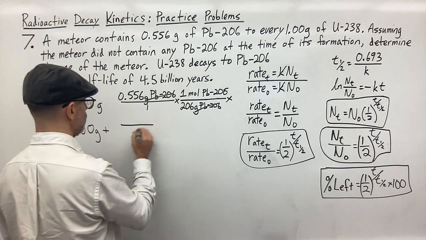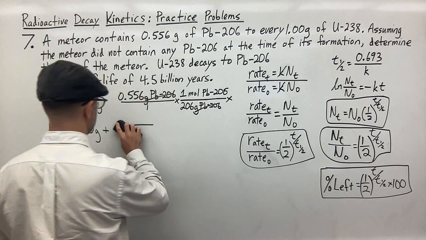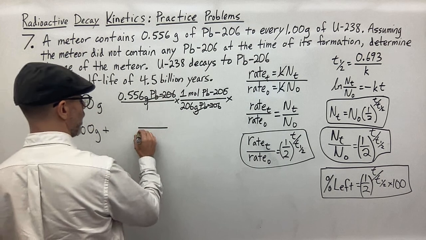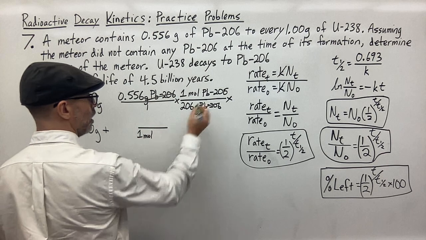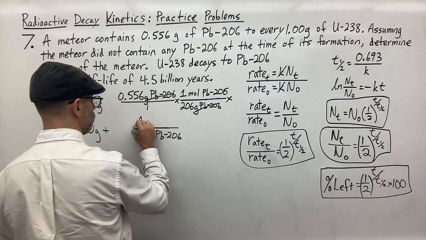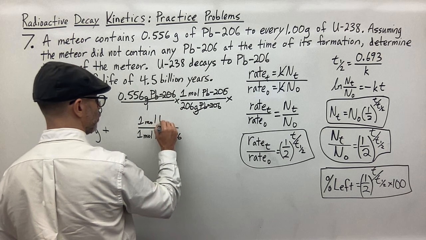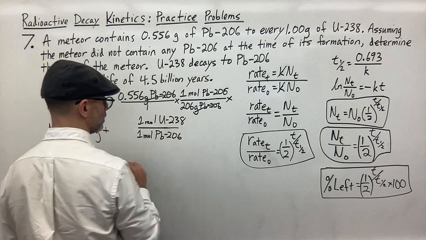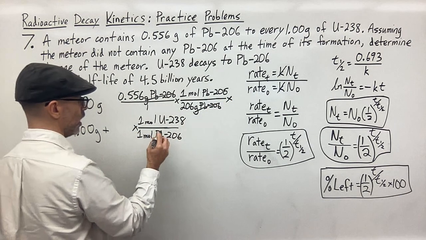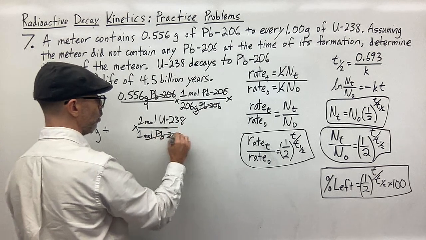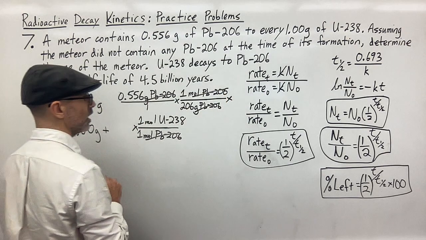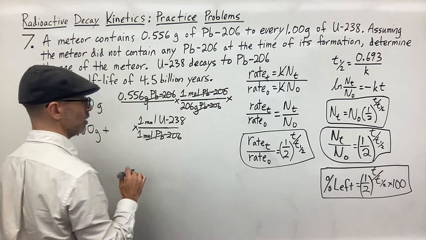So I have 1 mole of Pb-206 for every 1 mole of uranium 238. Again, I'm continuing the conversion factor. So moles of lead 206 cancel with moles of lead 206 here.